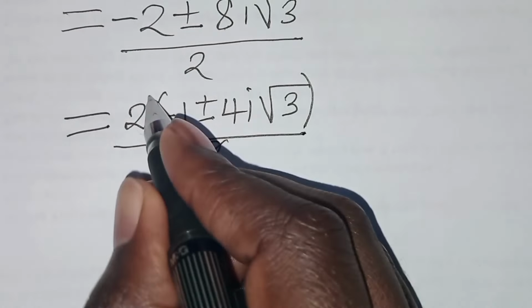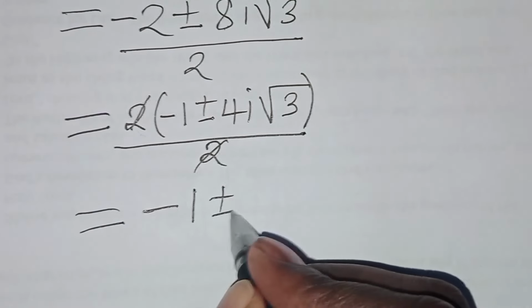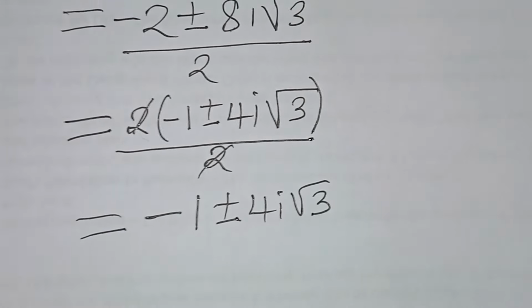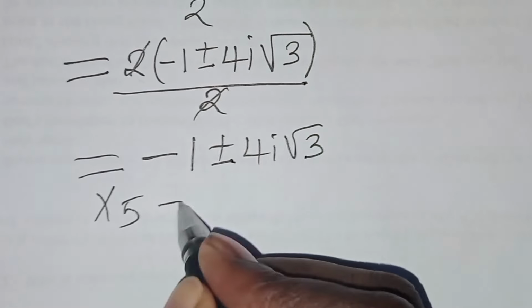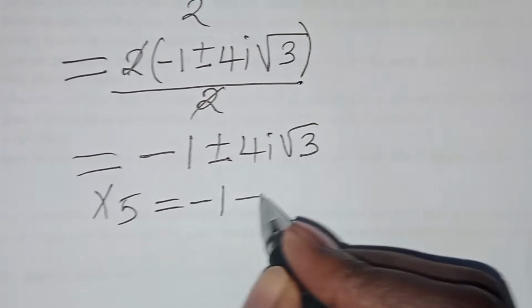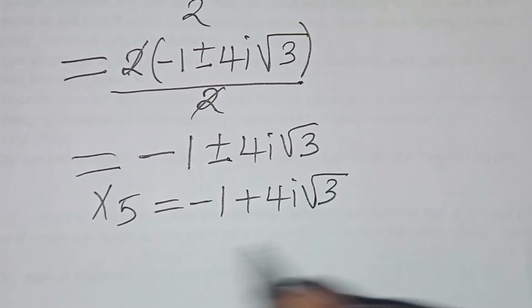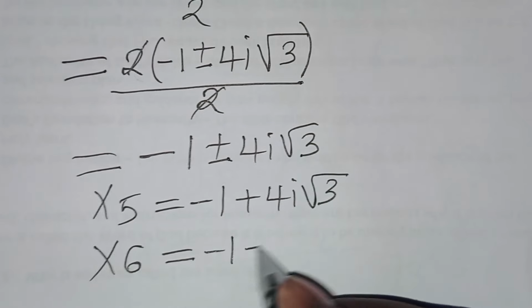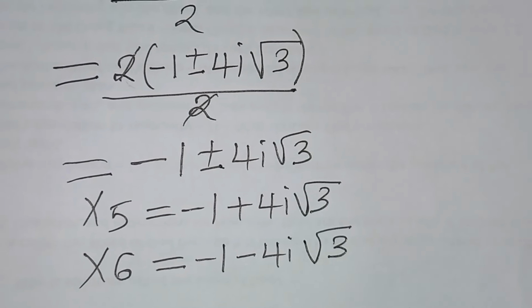So we simplify here, so that now we'll have minus 1 plus or minus 4i square root of 3. And therefore, x5 is equal to minus 1 plus 4i square root of 3, and x6 is equal to minus 1 minus 4i square root of 3.